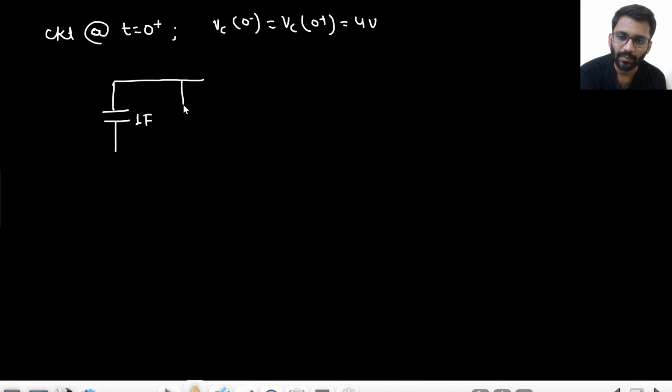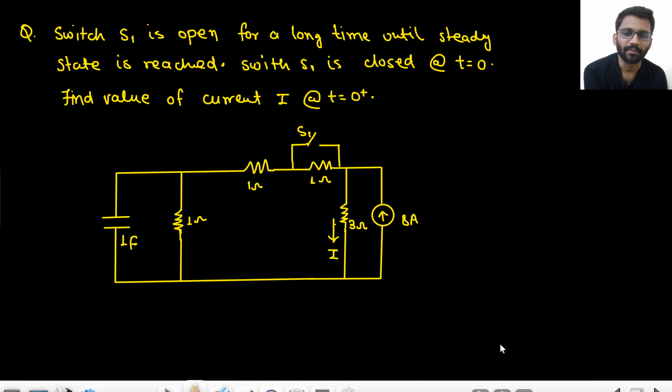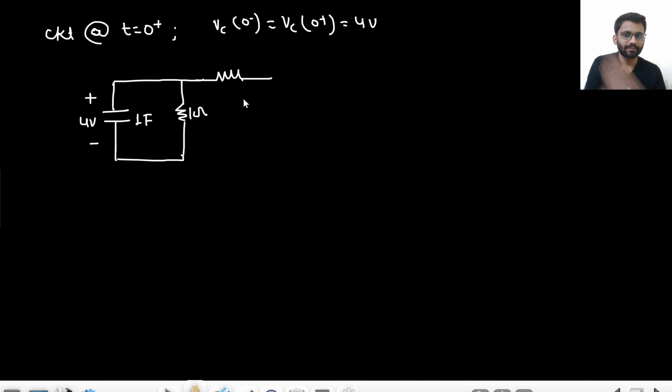And there is this 1 ohm in parallel. Now tell me, what will be the resistance here? Because switch S1 is closed now, so only 1 ohm will be in action, right?